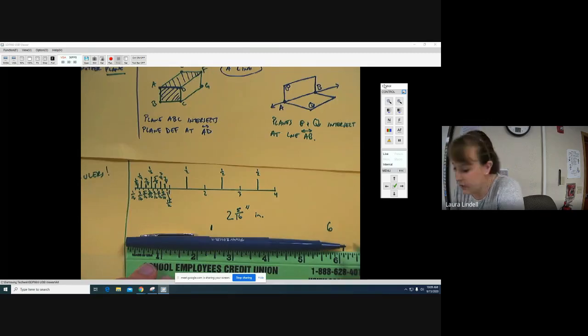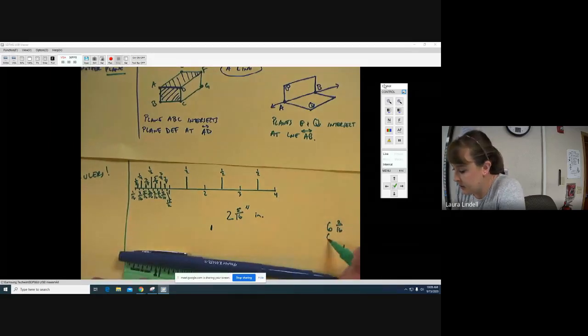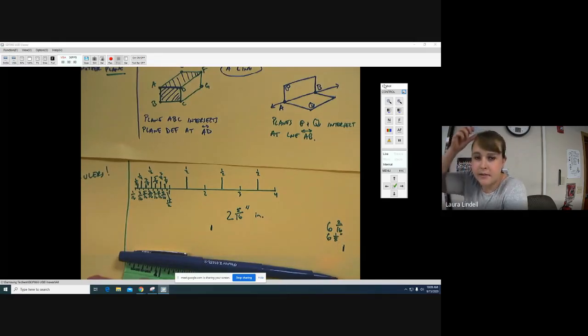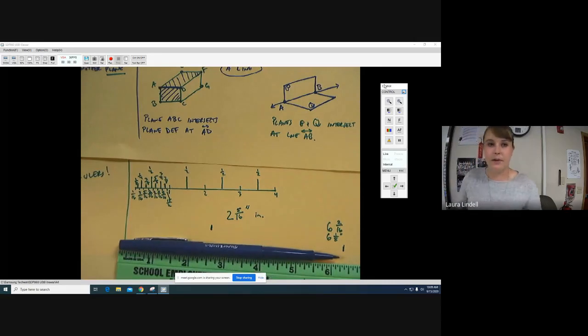This is the second line over. So 2/16. But does 2/16 reduce? Gotta remember our fractions here. Yeah, this one divides by 2 on the top and the bottom. They're both divisible by 2. So I can rewrite this as 6 1/8 inches. So you can count over 2 lines and it's 2/16, but then you want to make sure you reduce the fraction. Inches are typically broken up into 16ths on most rulers.